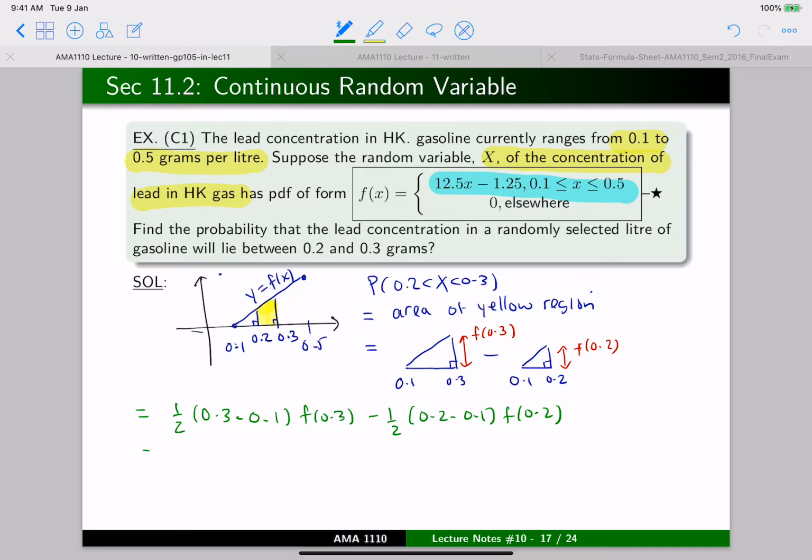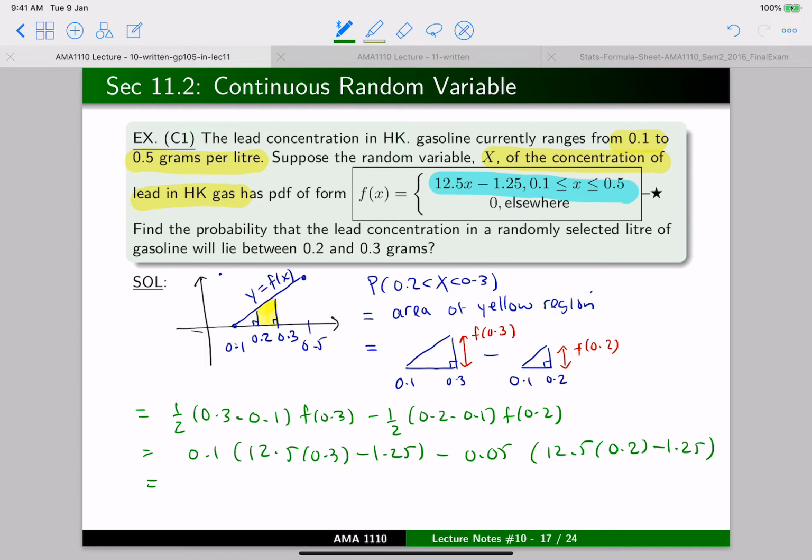So in fact, this is 0.1 times 12.5 times 0.3, we plug it into the f formula, minus 0.05 times 12.5 times 0.2 minus 1.25.